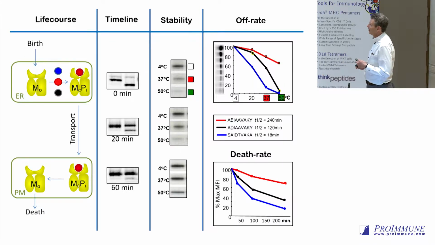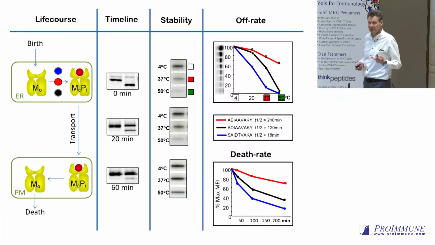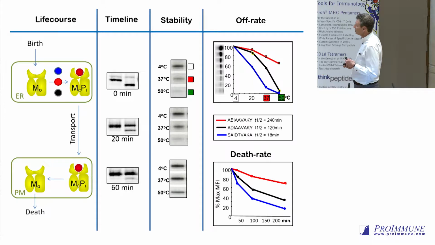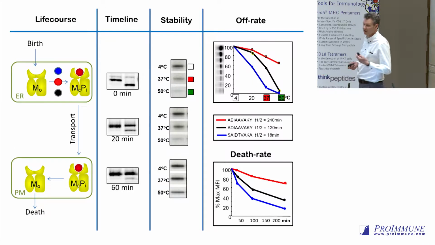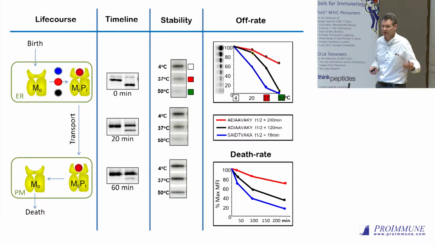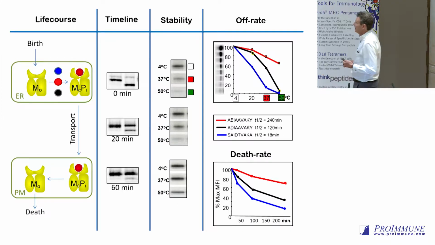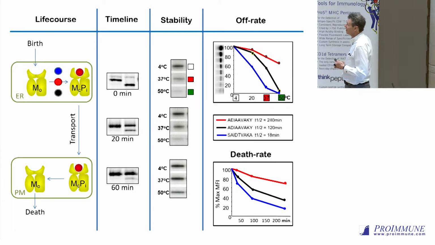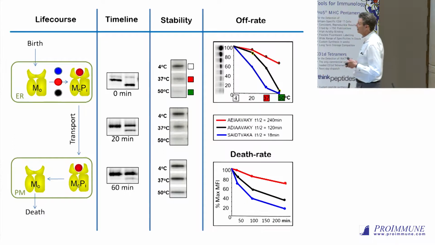And you can measure various parameters. There are 2 key parameters that you can measure using this technique. You can measure the rate at which MHC molecules traffic from inside the cell through the cis Golgi to the surface. And you do that by measuring the processing of the glycans that it acquires and processes as it transits the cis Golgi network.